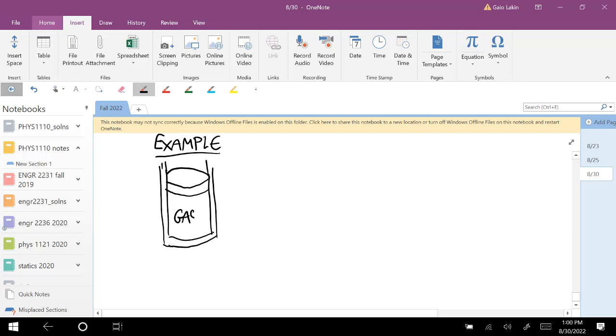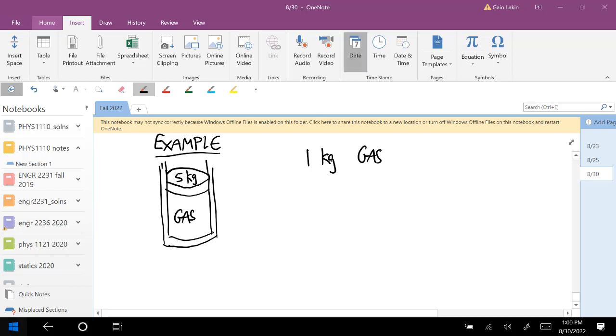And this is the gas. And let's say that the piston has a mass of 5 kilograms, and it's free to slide up and down in that cylinder. And let's say that we have 1 kilogram of gas.